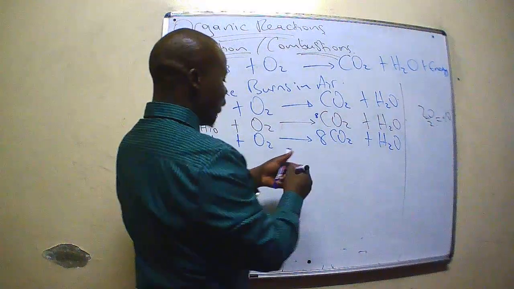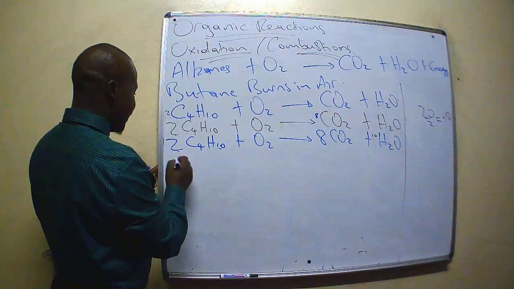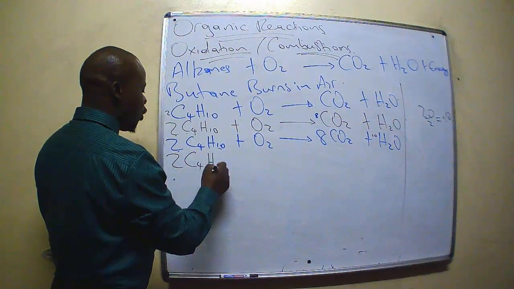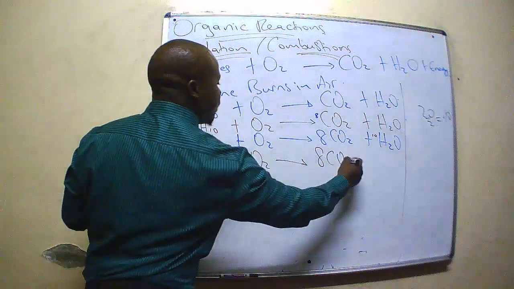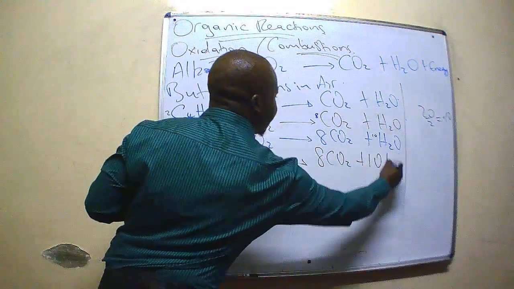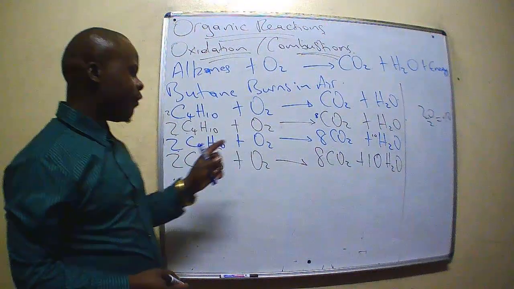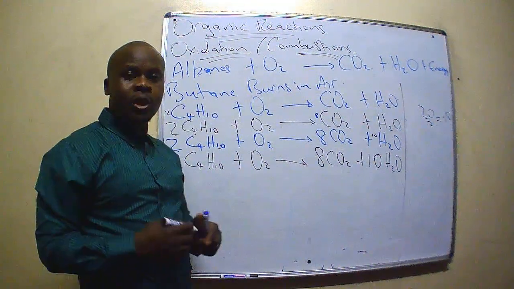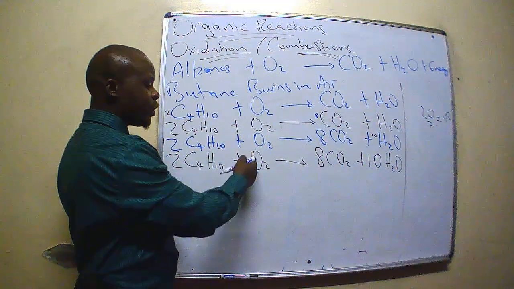So we should introduce a 10 on our water. So let's rewrite: 2C4H10 plus O2. We get 8CO2 plus 10H2O.